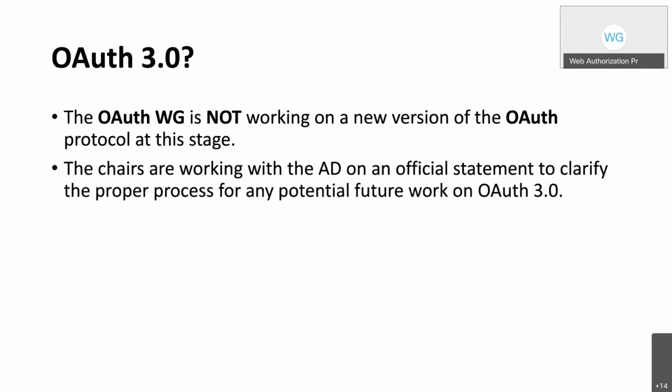So this is just a statement to make it clear what the status of any work on OAuth 3.0 here is. We're not working on anything like this, and we will talk about a proper way of doing this.